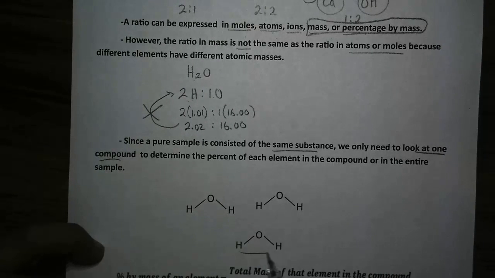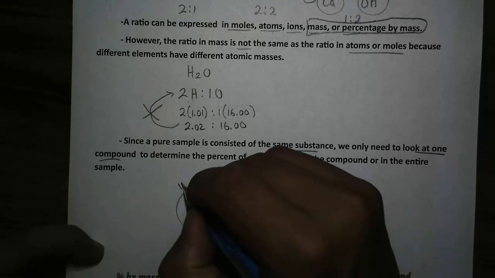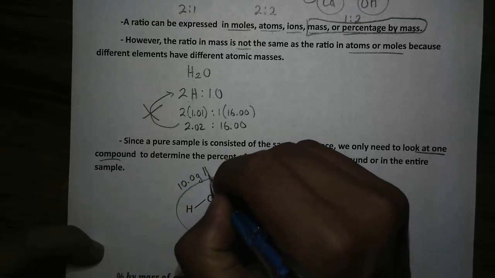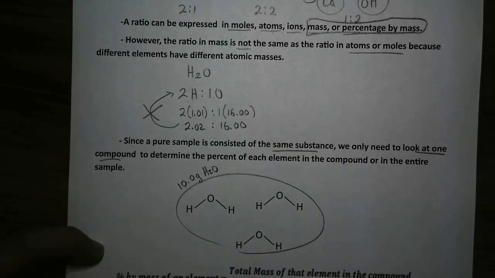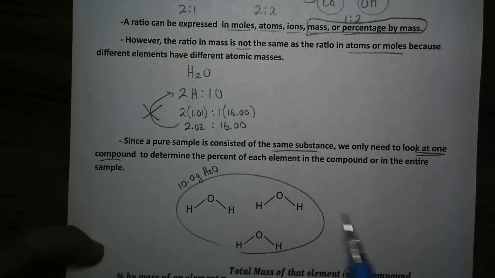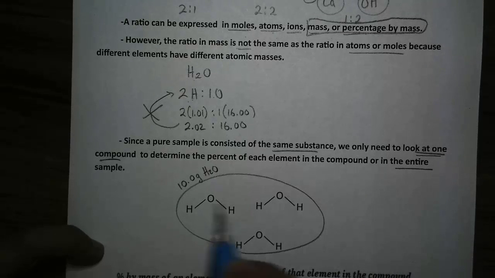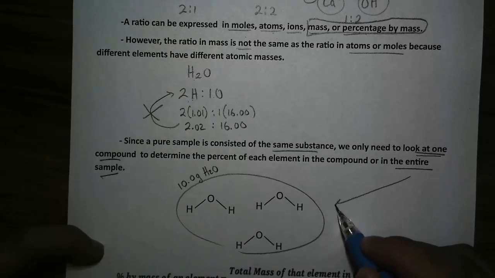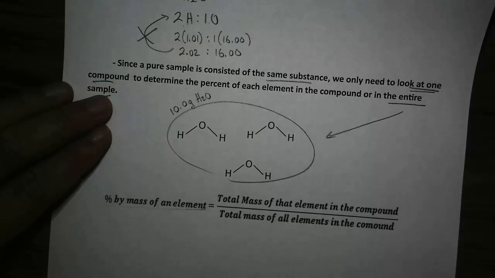In this case, I have this sample right here. Let's assume this sample is a cup of water that weighs 10 grams of H2O. But here's the most important part: all we have to do is look at the properties or the structure of one compound and find the percentage of each element in this compound, and that percentage can apply to the entire sample.